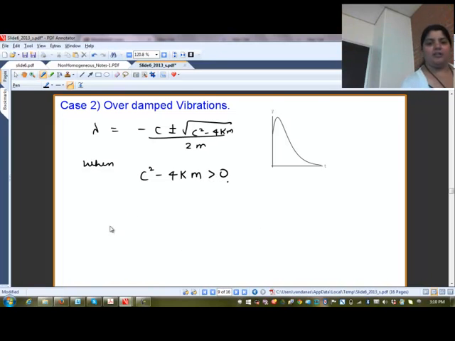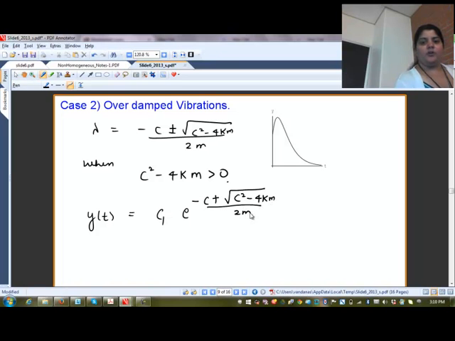So your solution in that case, if it is positive, you have real and distinct roots. Real distinct roots will give you c1 e to the power minus c plus square root of c square minus 4km over 2m times t plus c2 e to the power minus c minus square root of c square minus 4km over 2m times t.